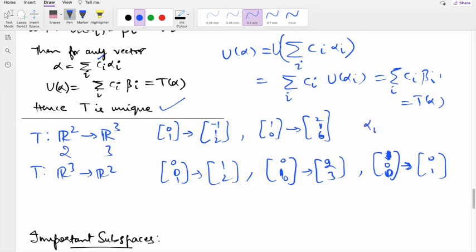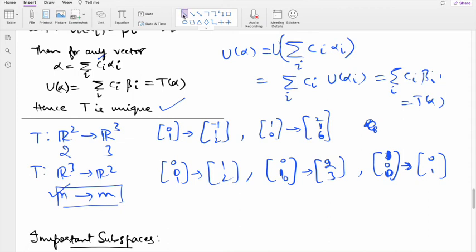So I've shown you examples of the standard basis that we saw, the alpha_i such that the ith element is 1 and the remaining are 0. Any other basis you can also use, but the idea is that if you want to go from a space which has dimension n to dimension m, you need n such mappings compulsorily, because each of these basis vectors will get mapped to some vector in the codomain of T, and this transformation will be unique for all of these.